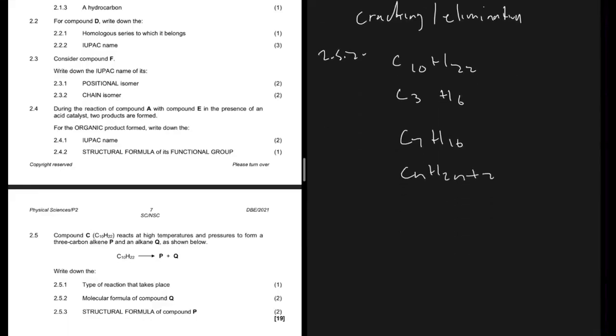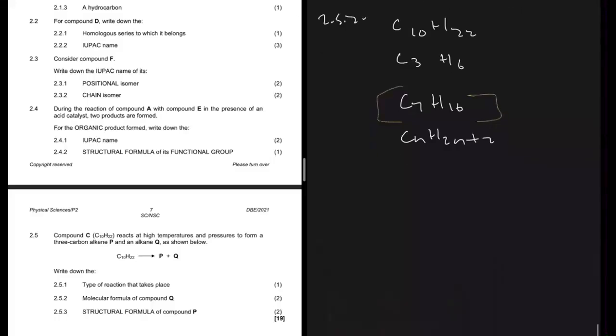We're left with 7 carbons, and then 22 hydrogens, and then we subtract 6 hydrogens. We're left with 16. So that is CnH2n plus 2. The question says we should write the molecular formula. So this is the molecular formula we're looking for.